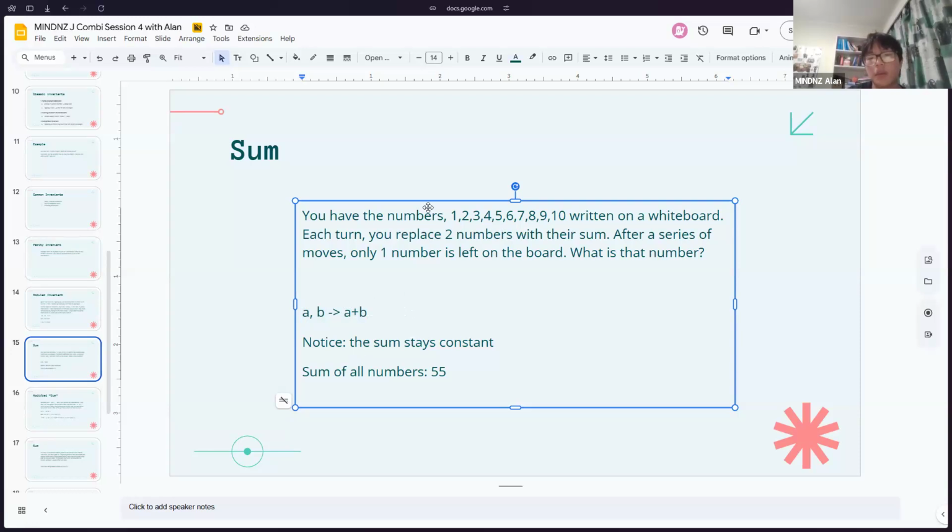So the sum of all the numbers on the whiteboard will stay the same no matter the number of operations. This means that the sum at the beginning will equal the sum at the end. And at the end, there's only one number. At the beginning, there's 1 through 10. So at the end, the one number left will be the sum of 1 through 10.